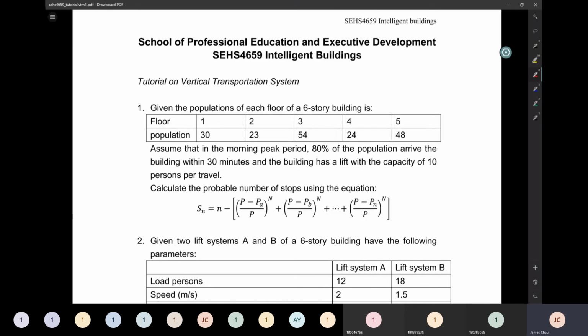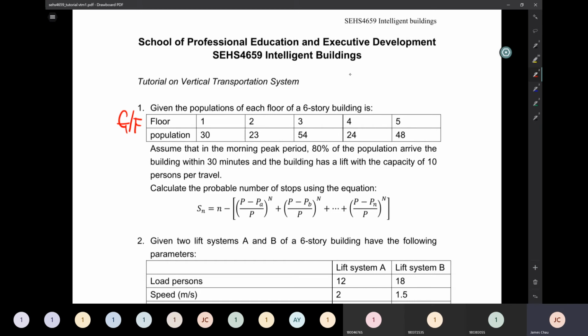So you can see in question 1, we are given the population of a 6-story building. And don't forget we have the main terminal, the ground floor, and we do not count this floor. The population is 30, 23, 54, 24, 48, etc. We are going to analyze the number of stops.